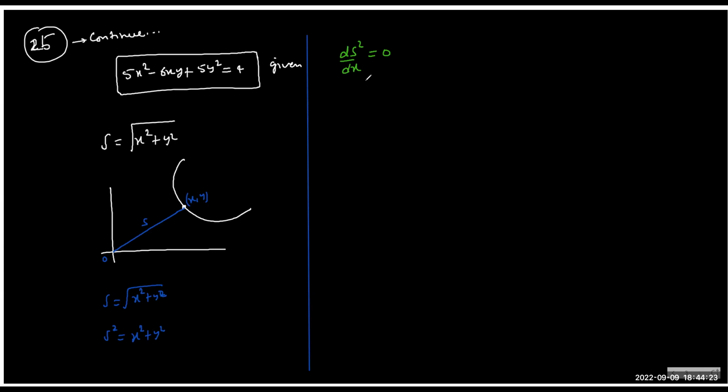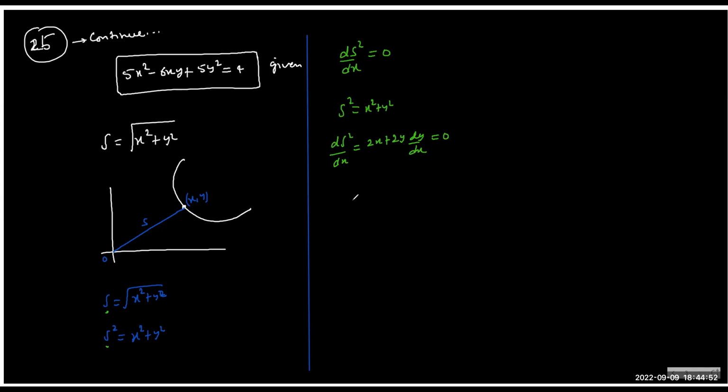Either you minimize this or you minimize this, it's the same thing. Because S square is x square plus y square, if you differentiate with x, you get 2x plus 2y dy by dx, chain rule. Understood? And we want to minimize this, so we have to put this as 0.